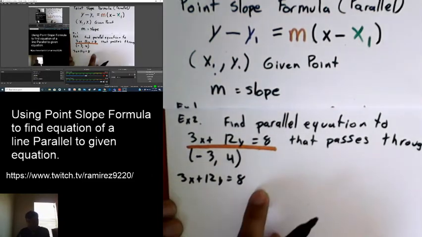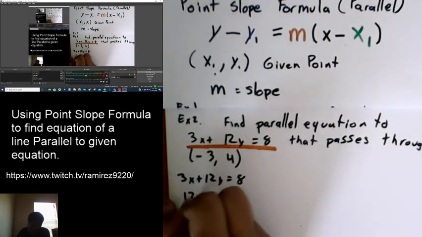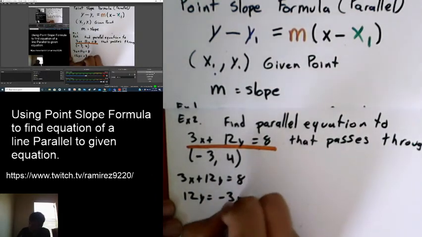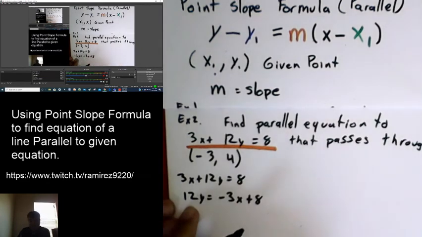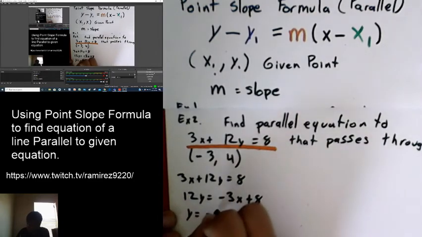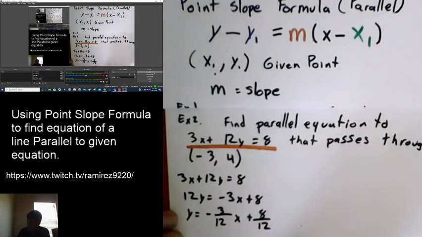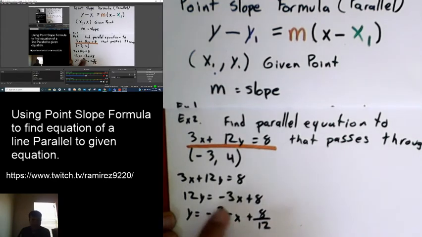So I'm going to do minus 3x to both sides. I have to divide everything by 12 to make it look like y is equal to. And I could simplify here. I'm only going to worry about this.